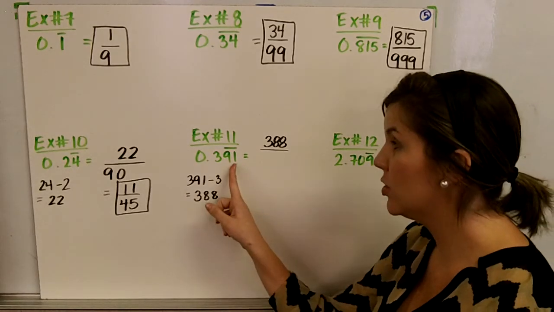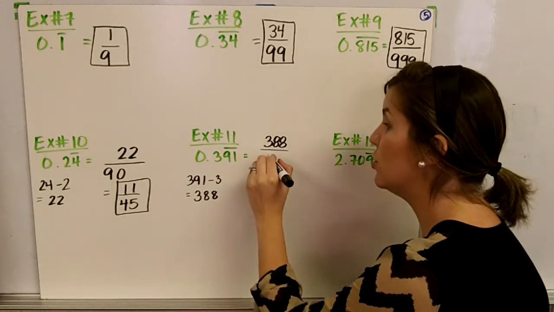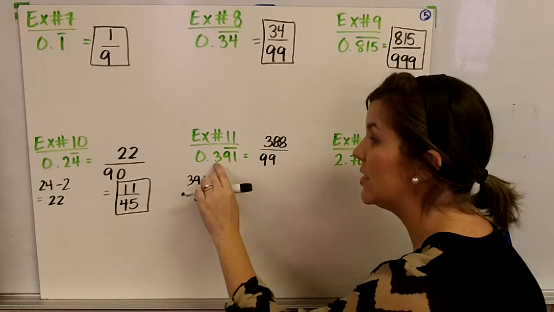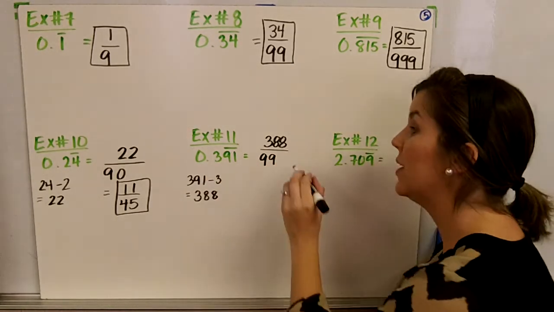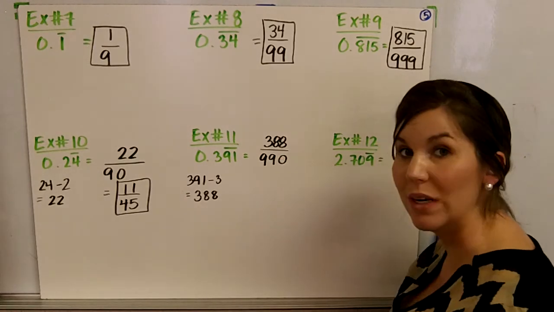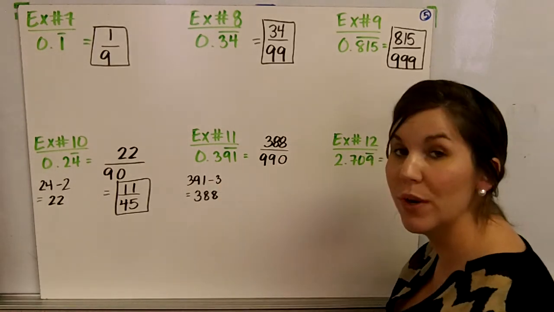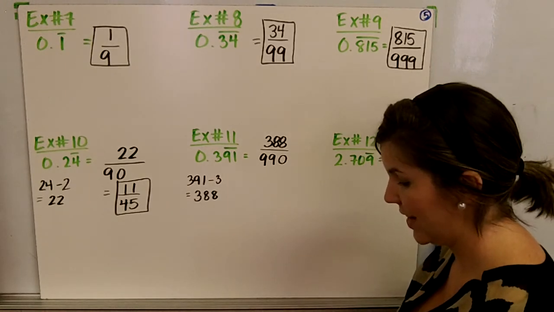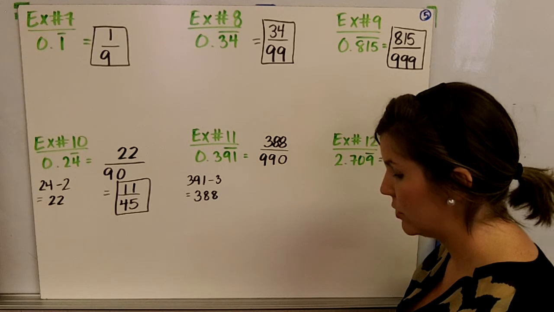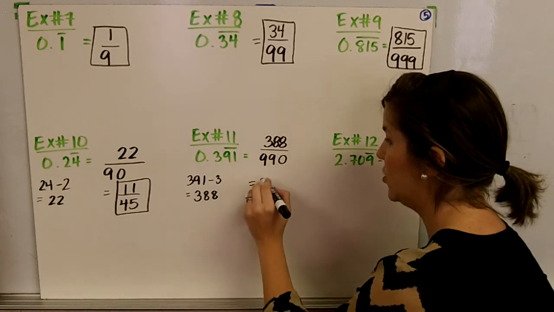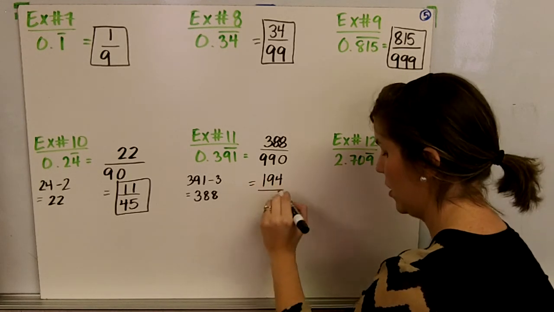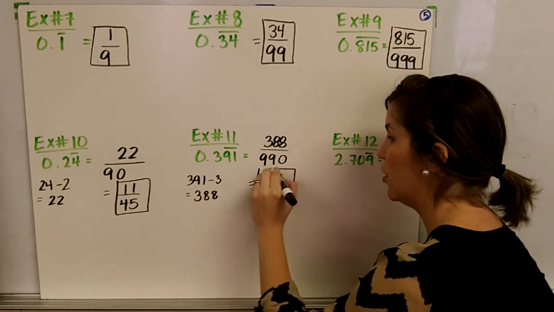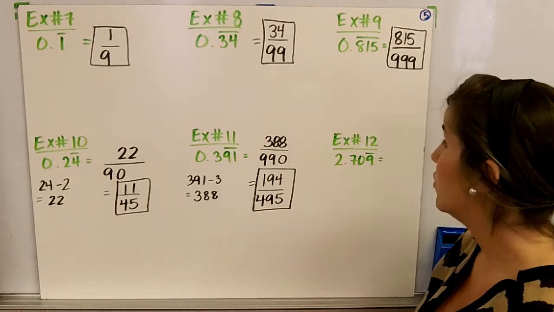Now in the bottom, there are 2 digits under the bar, so 2 9s go in the bottom. 1 digit is not repeating, so put a 0 for that 1 digit. So only 1 zero because only one number is not repeating. 388 over 990 can reduce to 194 over 495. Again, remember to make sure that you put your answer in lowest form.